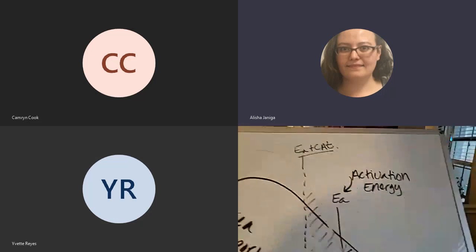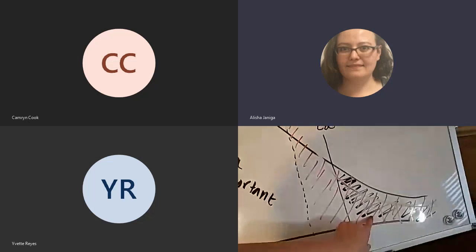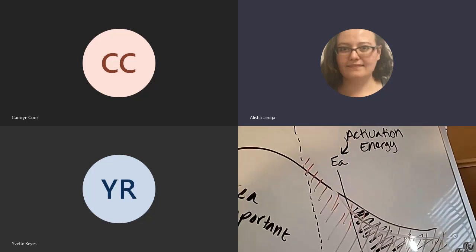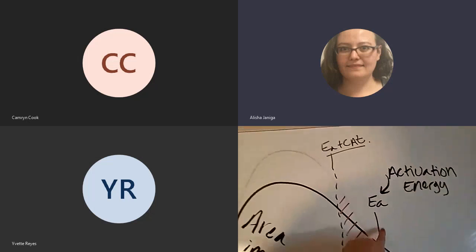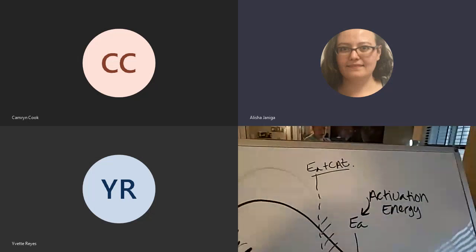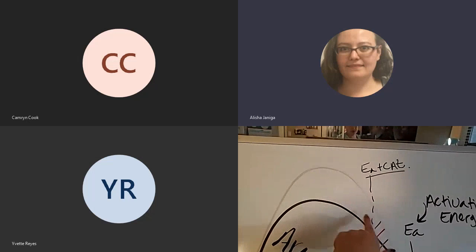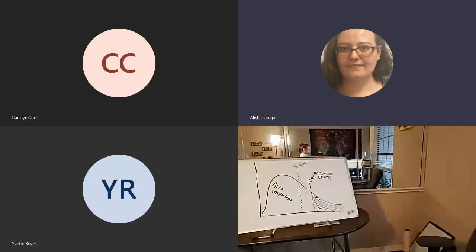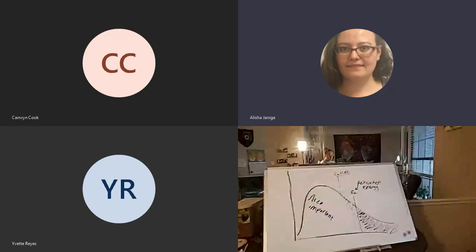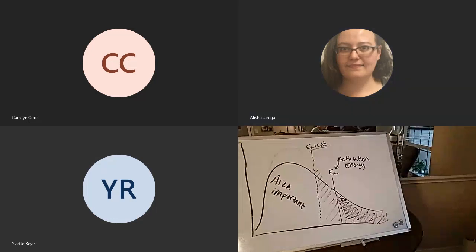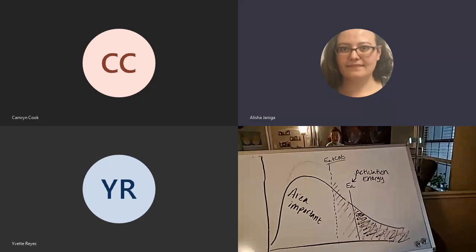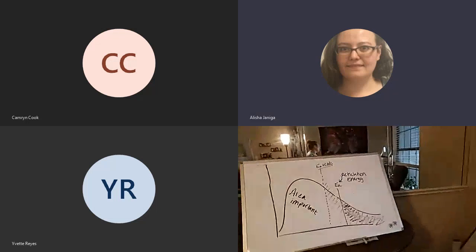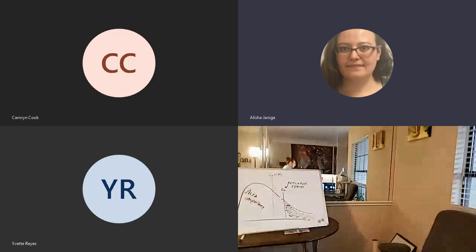So the area under the curve is what's going to tell you which temperature is higher or not. The placement of the EA, the activation energy, is going to tell you if there's a catalyst or not. I guess I can write T high and T low on there also to make that a little more obvious.